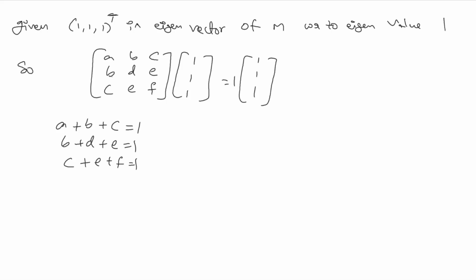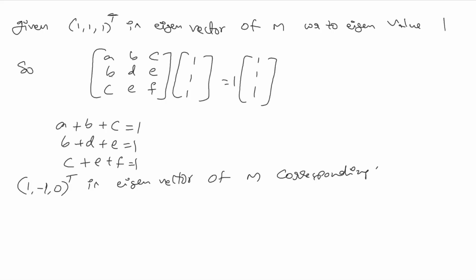Similarly, we have one more condition that (1, -1, 0) transpose is an eigenvector of M corresponding to the eigenvalue 0.